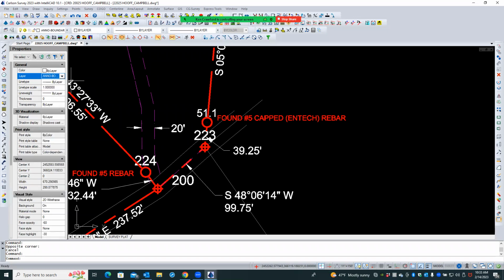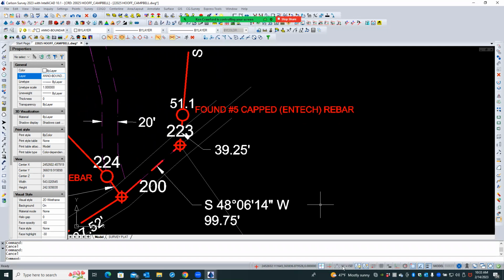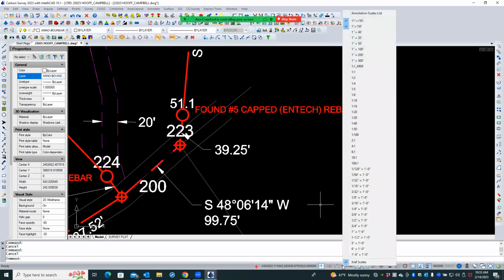Yeah, the boundary. All right, so there's that, but now what on earth is going on with this thing? With what thing? This. Oh, I do not know.